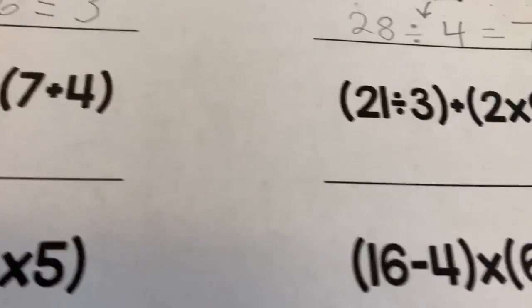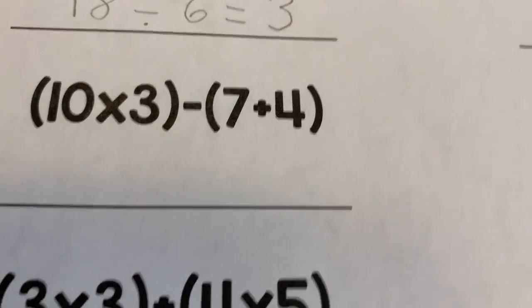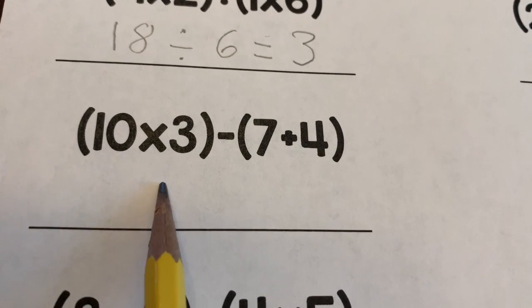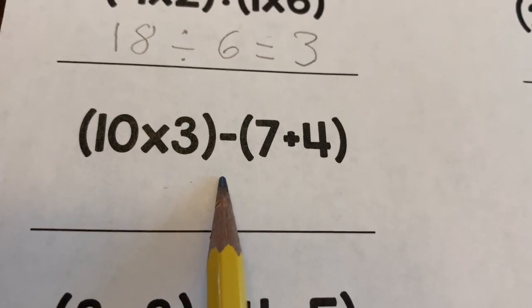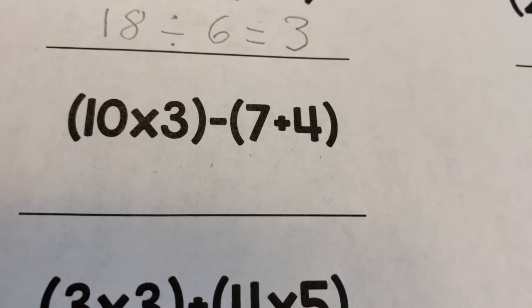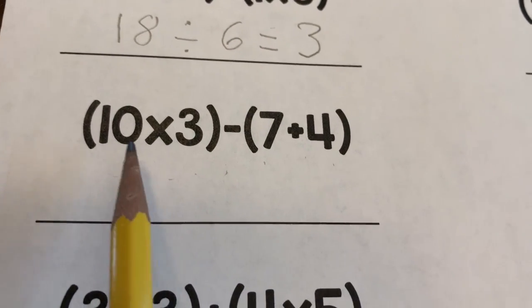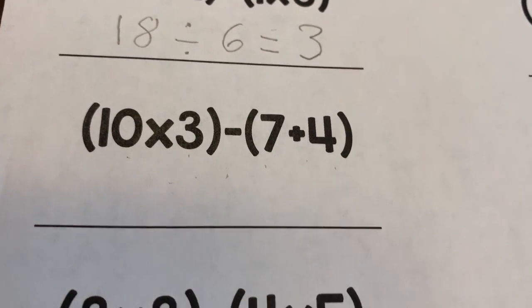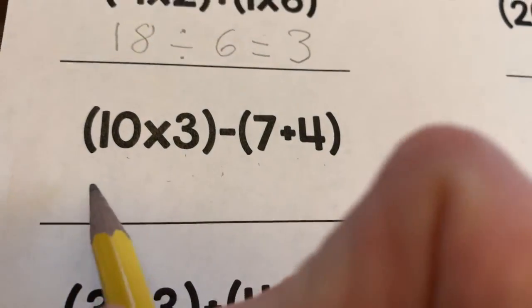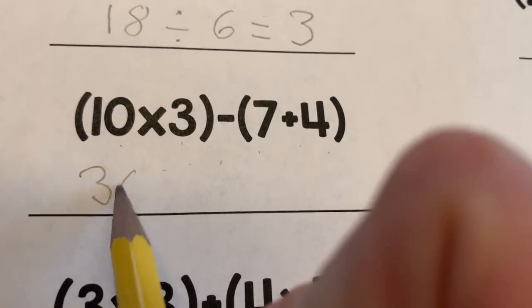Let's do one more together. 10 times 3 minus 7 plus 4. The first thing we do is find the product of 10 times 3. 10 times 3 equals 30.